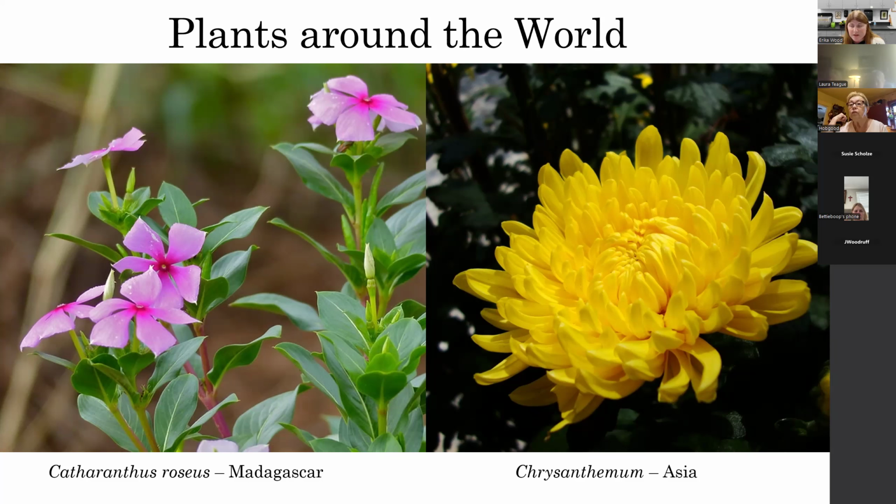So chrysanthemum, they are originally from Asia, from different parts of Asia. And of course, now not only do we use it as a common ornamental plant, but for hundreds of years, this plant was actually used for different medicinal purposes. Commonly, it was extracted to make a type of tea.